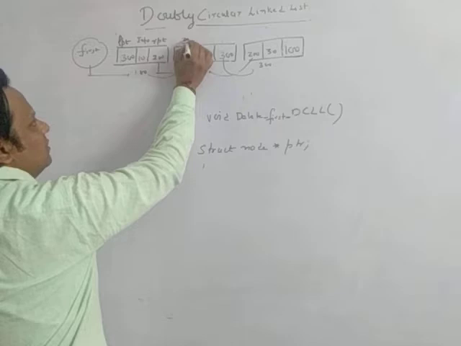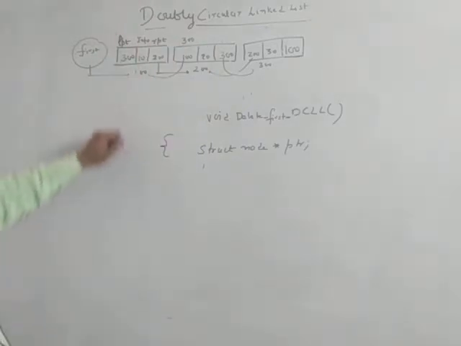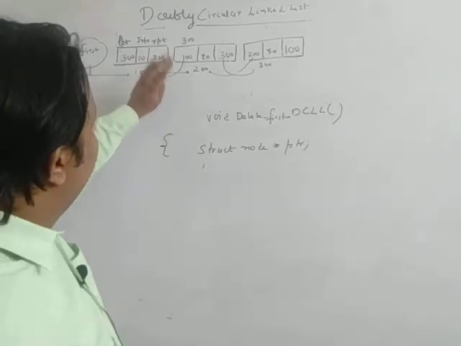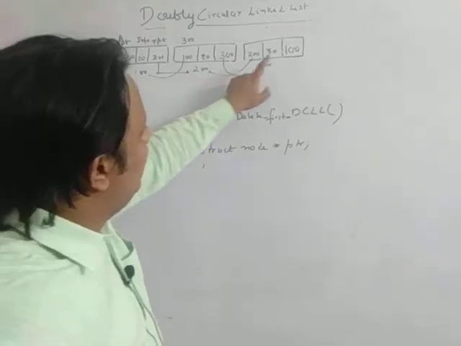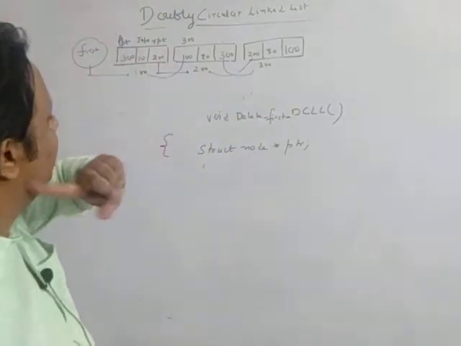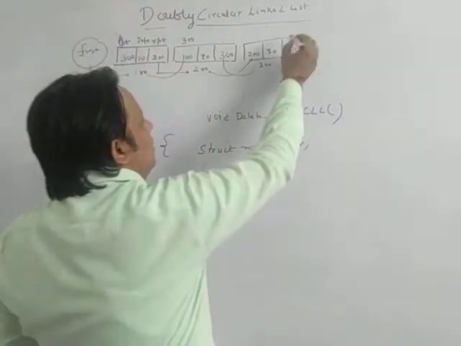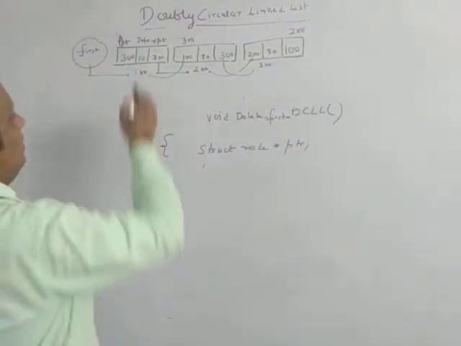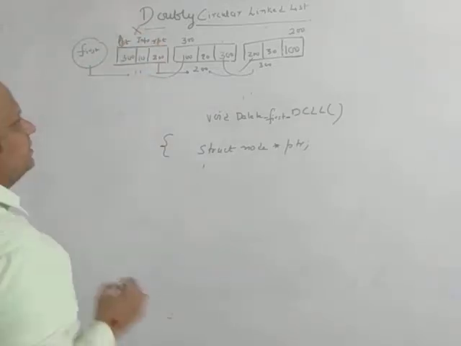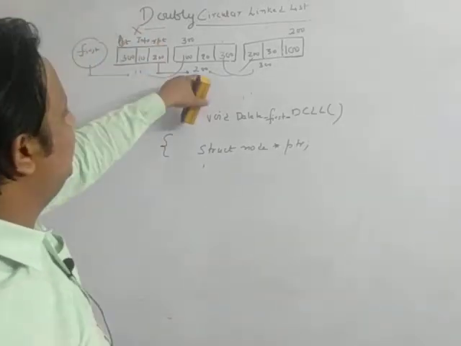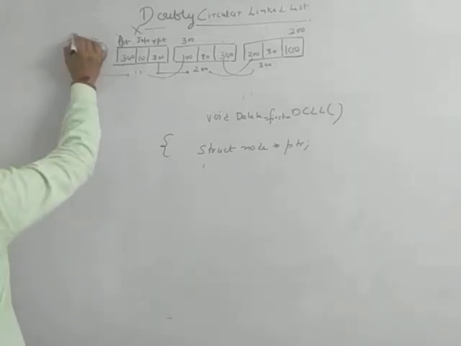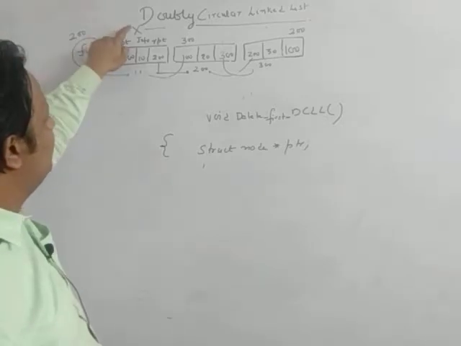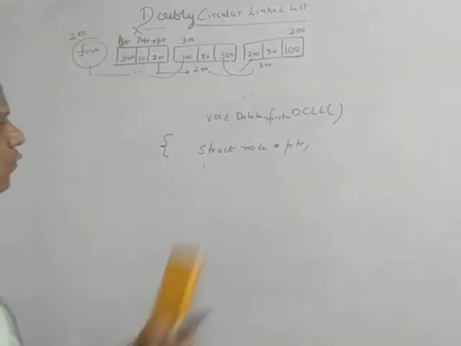So here I want 300. Another change I will require is that the RPT of the last node should contain the address of this node. So I want 200 here. Got it, guys? So two changes. Then I'm going to delete this, three changes. And the first pointer should point to the address of the new first node, so I want 200 in this. So one change, two change, three address modifications, and deleting this from the memory. So four changes are required.